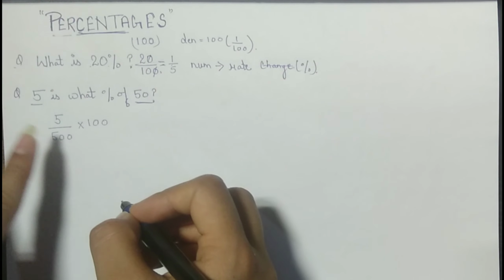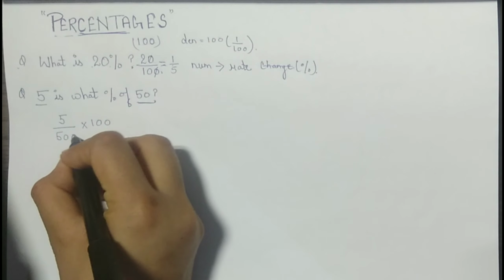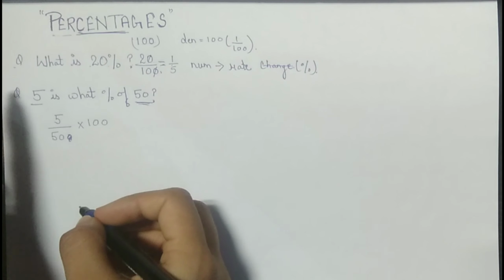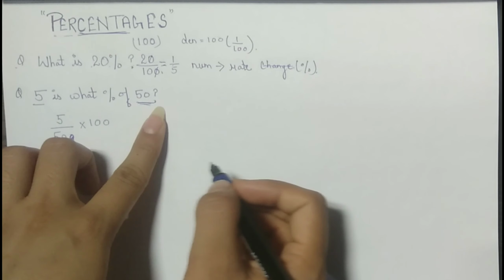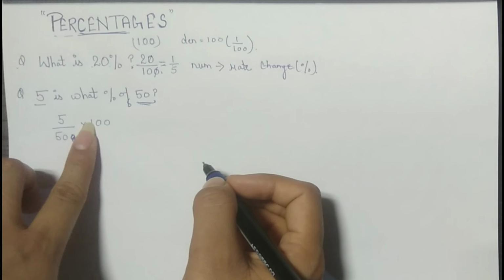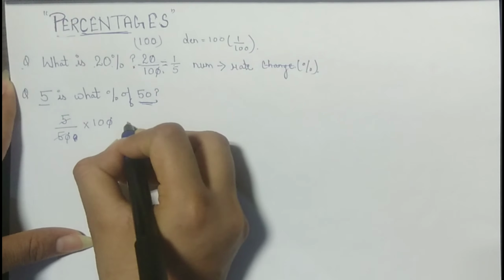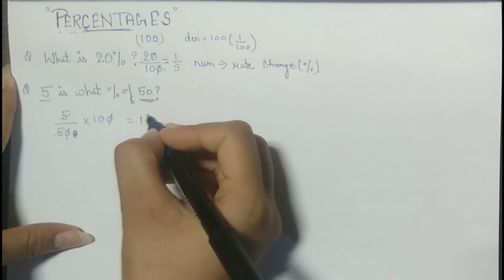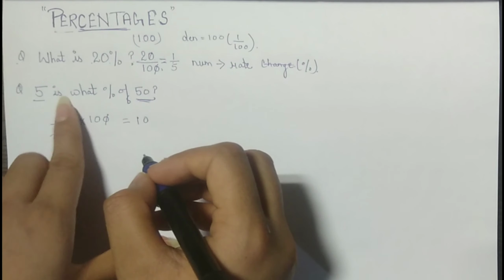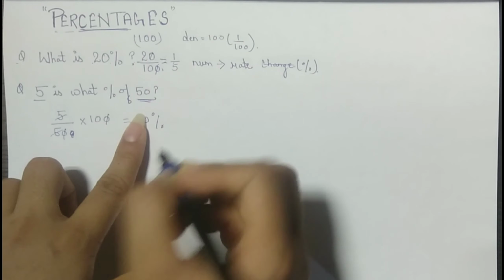Here, 5 is what percentage of 50? So 5 by 50 into 100. Just solve this, we get 10. So 5 is 10% of 50.